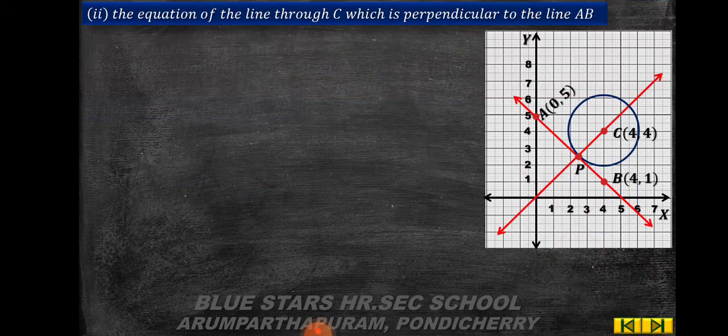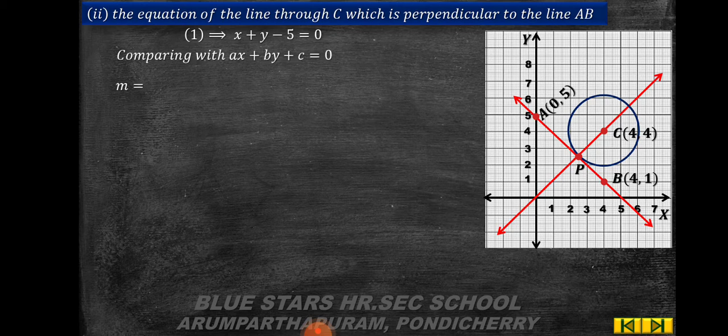which is your equation number 1. Next, second subdivision, the equation of the line through C which is perpendicular to the line AB. So first, equation x plus y minus 5 is equal to 0. Comparing with ax plus by plus c is equal to 0, we can easily find the slope of the line. So m is equal to minus coefficient of x divided by coefficient of y.